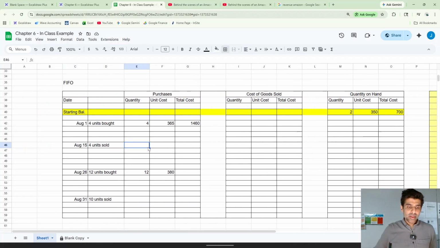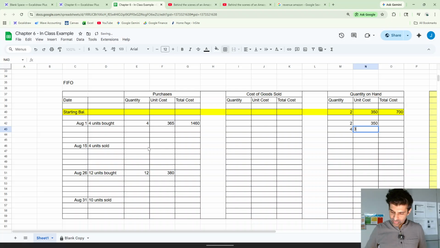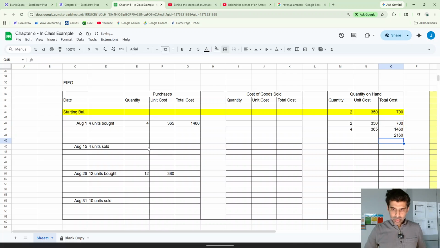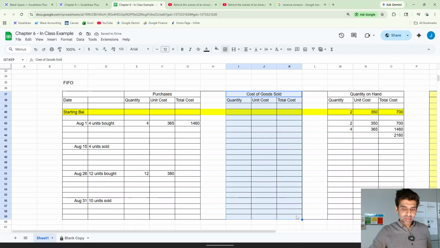Now we sold 4. Let's just make sure we're clear. 2 units at 350 was our starting balance. Now we have 4 units at 365. Okay, so we're selling 4 units. We're now moving to this section because it's a cost of goods sold calculation.